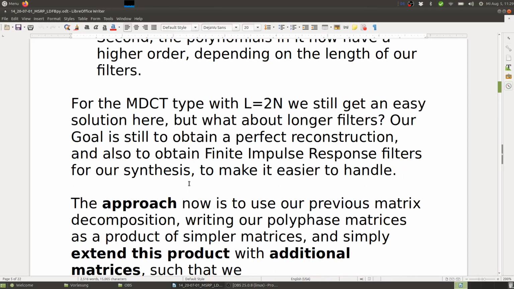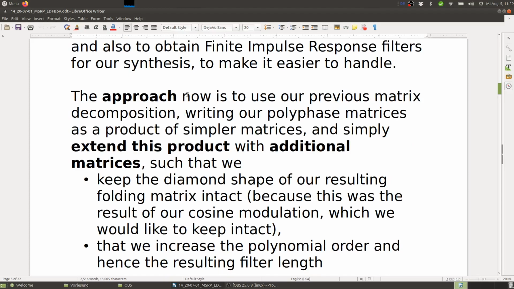Right. So for the MDCT type with L equals 2n, we still get an easy solution here. But what about longer filters? Our goal is to obtain a perfect reconstruction and also to obtain finite impulse response filters for our synthesis to make it easier to handle. So the approach now is to use our previous matrix decomposition with Fa times D times the transform matrix, writing our polyphase matrices as a product of simpler matrices, and simply extend this product with additional matrices.